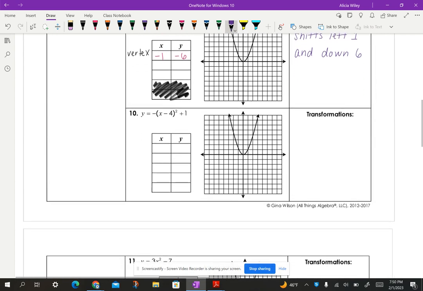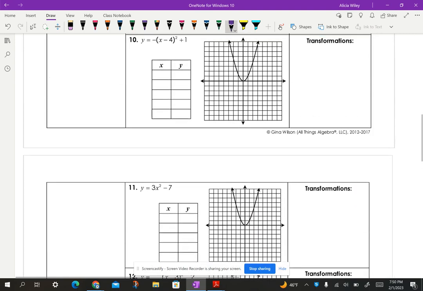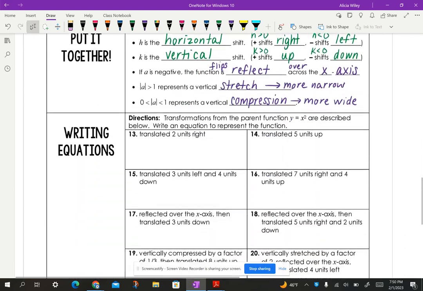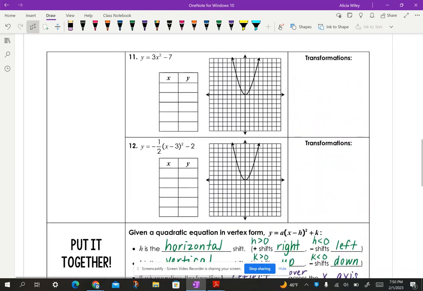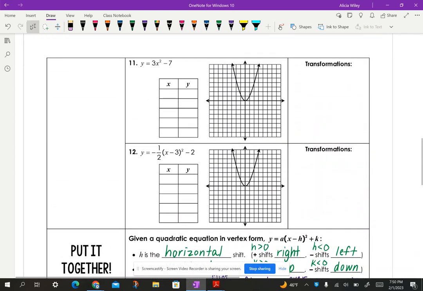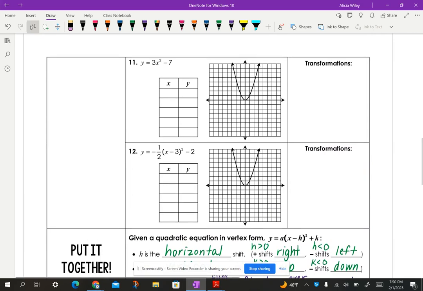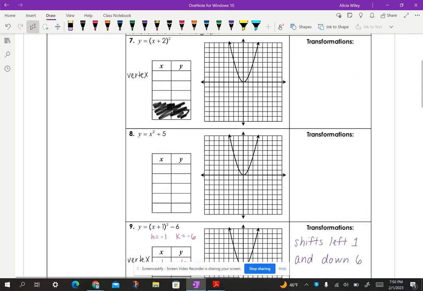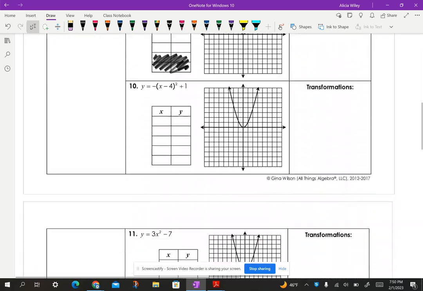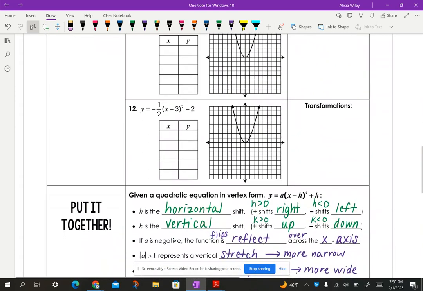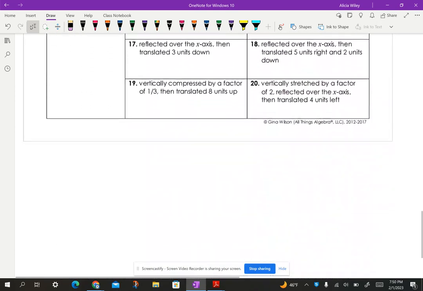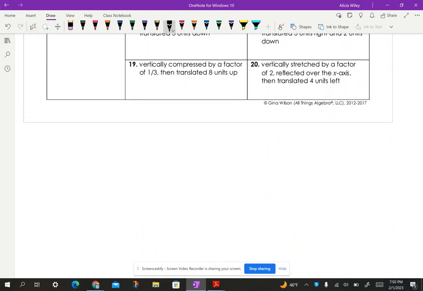Okay, so if we look at one like, I don't know which one we can do next. Let's look at number 11 here. Let me do one that's negative. I don't know if there were any examples of those. I might have to add some in here because there weren't many examples of what I wanted.